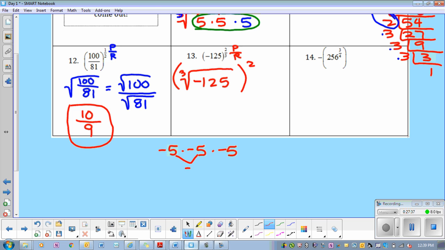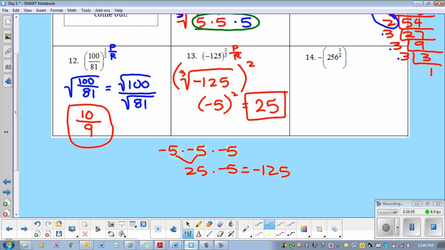A negative times a negative becomes a positive, times a negative becomes negative. If you have an odd root, you can get negatives. So this becomes negative 5 squared. What is negative 5 squared? 25. Because that's negative 5 times negative 5, which is positive 25.